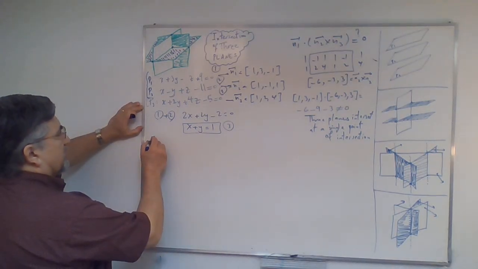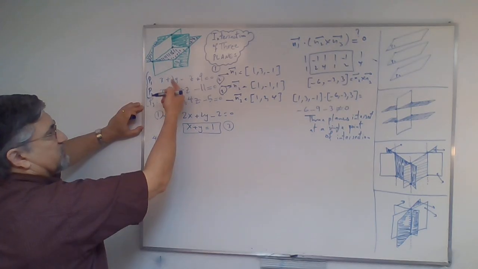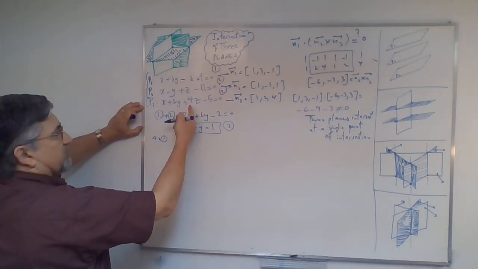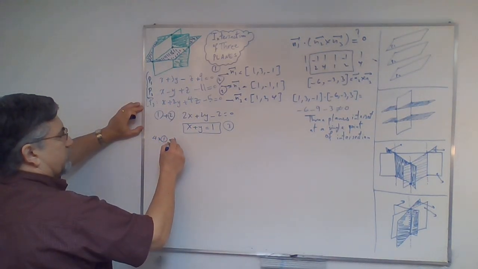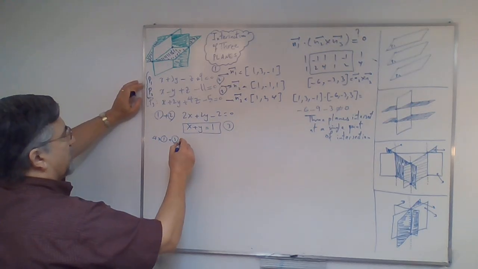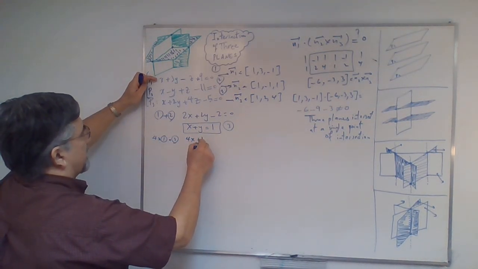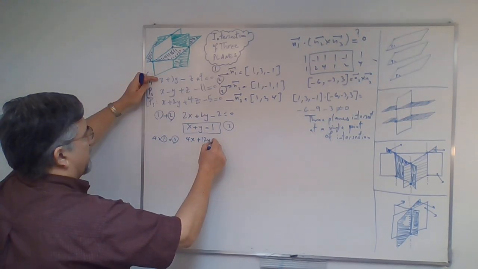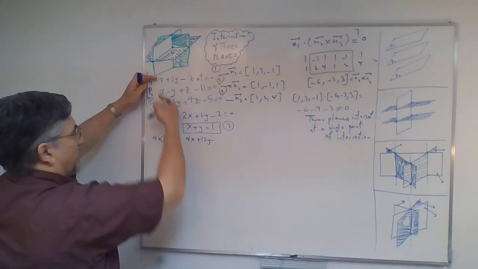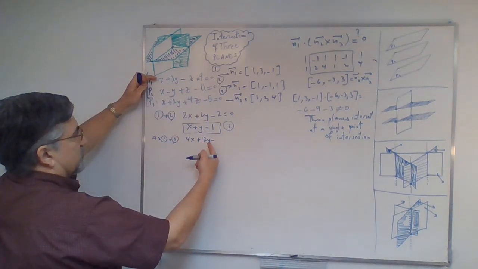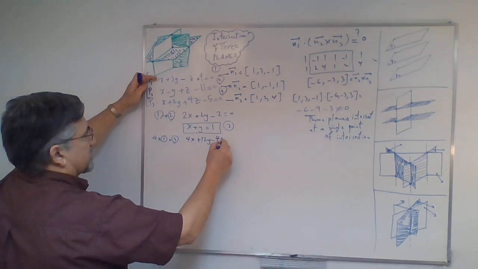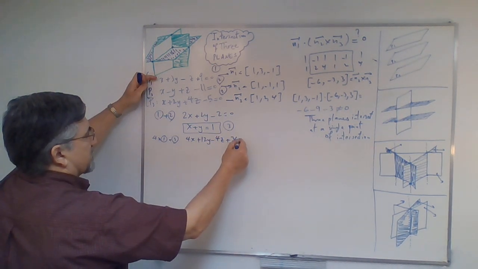So I'm going to add 4 times the first equation so that I generate negative 4z. I'm going to add it with the third equation. So we get 4x plus 3 times 4, 12y, minus 4z plus 36 equals 0.